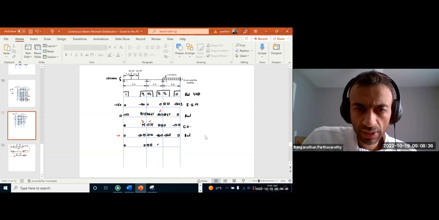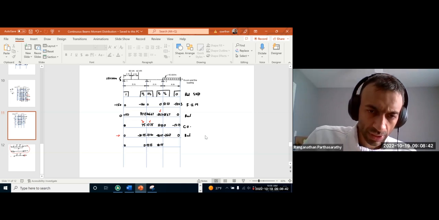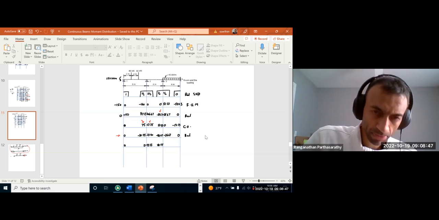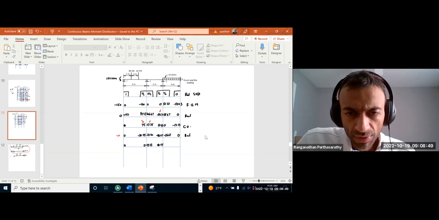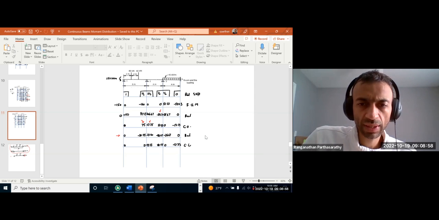This side is negative 20.55. This side is nothing. This side is negative 13.33. This is the carryover.